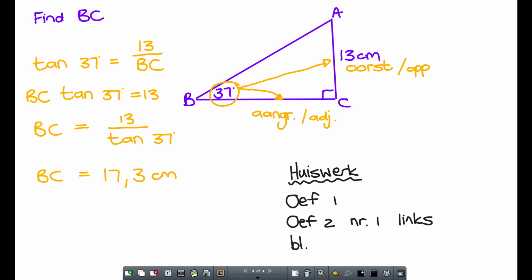And that is on page 82. Look here, at exercise 2, you're only doing number 1, but there are 2 columns.